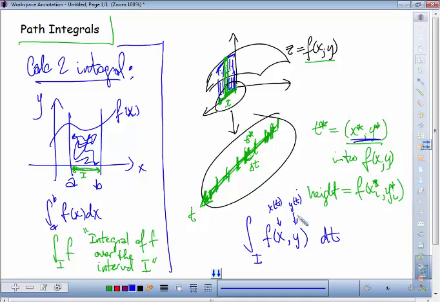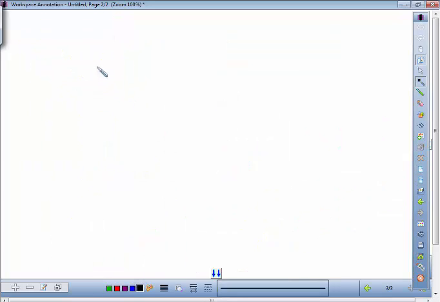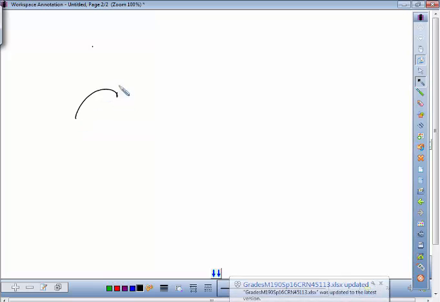So I'm going to start a new page here and redraw my setup, but instead of integrating over a straightforward interval like we did there, let's integrate over something a little bit more random. I'm going to set up another scenario here with my beautiful function.